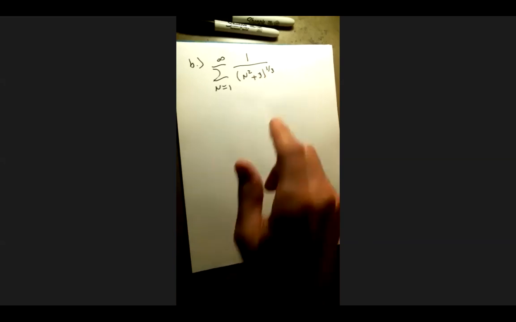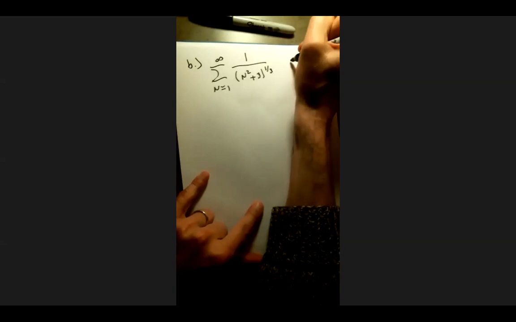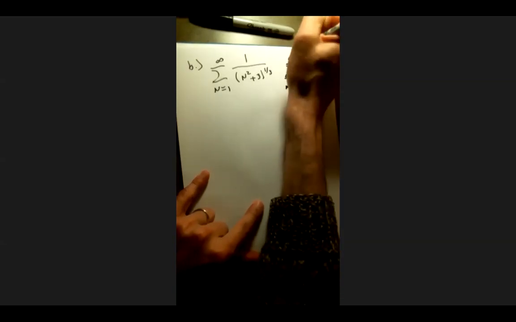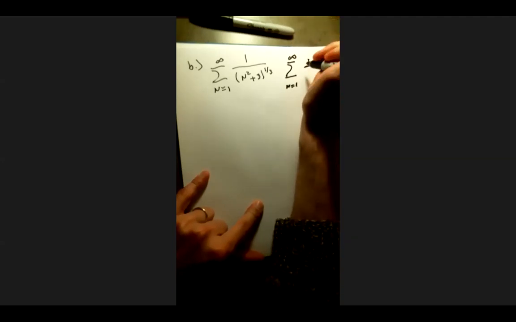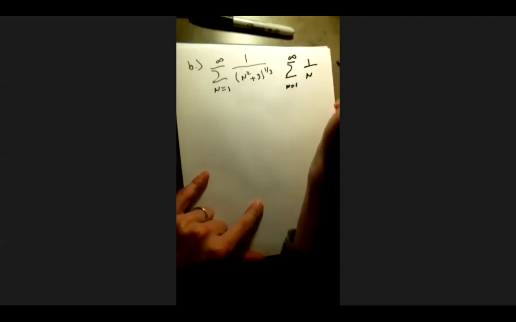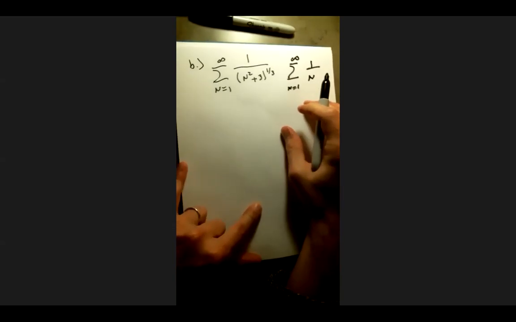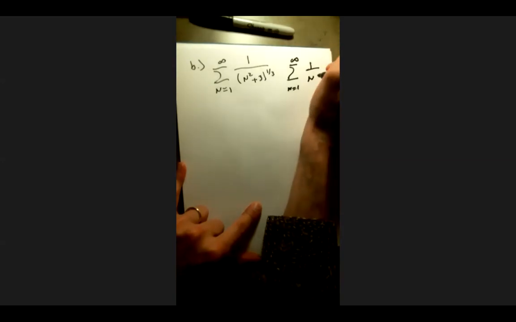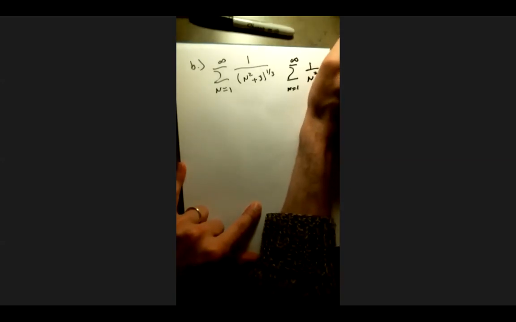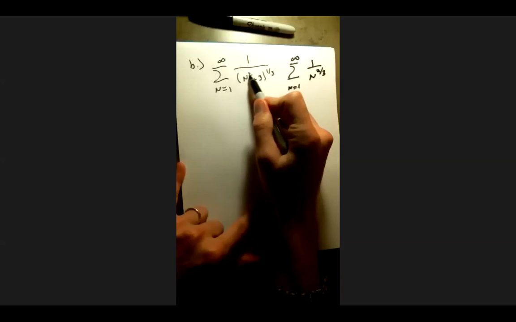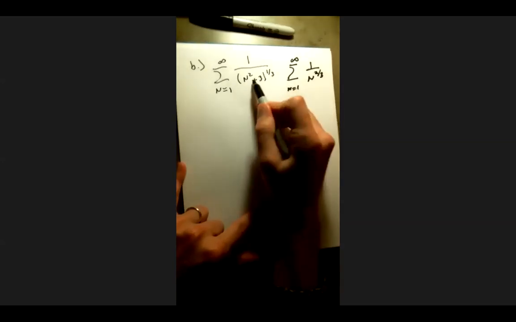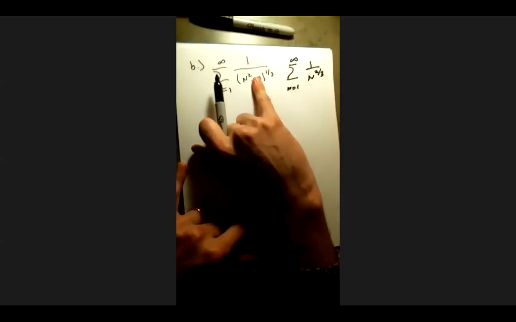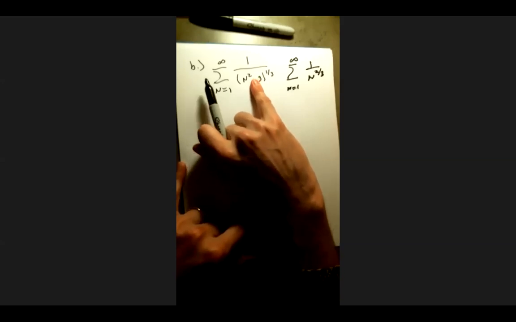And so we might compare to the sum from 1 to infinity of 1 over n to which power? 2/3? To the 2/3 power, exactly. Squares gives you the numerator, like 2/3 power. Just imagine ignoring the plus 3 that's in there.